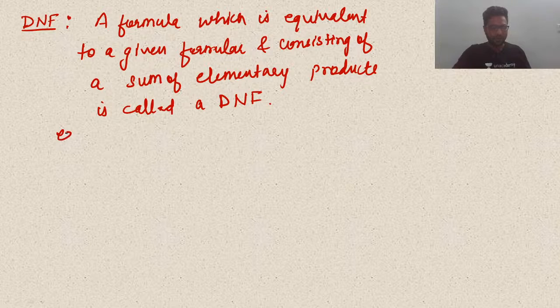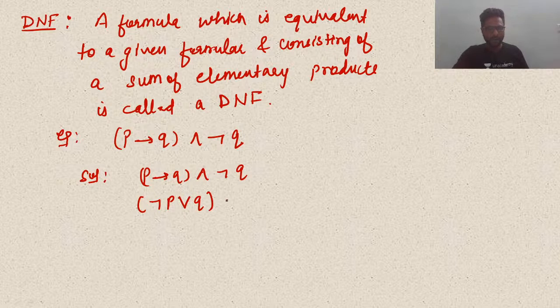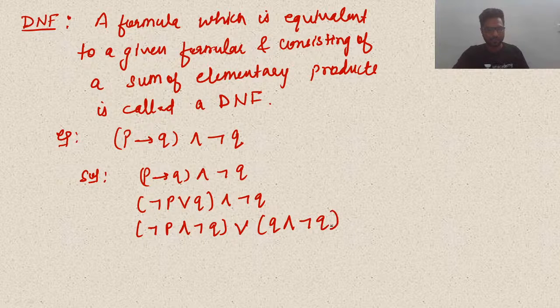For example, let's say one formula is given to you, P implies Q and negation Q. We can write P implies Q and negation Q as negation P or Q and negation Q, and this can be written as negation P and negation Q, or Q and negation Q. Similarly, we can write it as P dash Q dash plus Q dash.